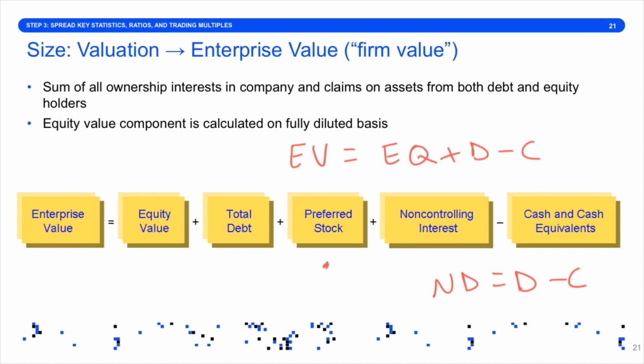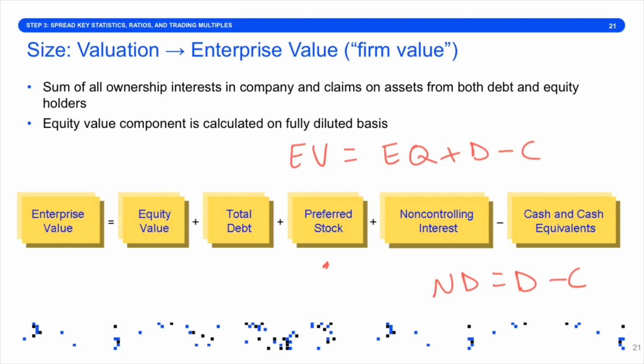But apart from these two things that are not very common, the most important thing is to remember that the enterprise value is the value of the whole company, both the portion that belongs to the shareholders and the portion that belongs to the debt holders, the creditors. So enterprise value is equal to equity plus debt minus cash.